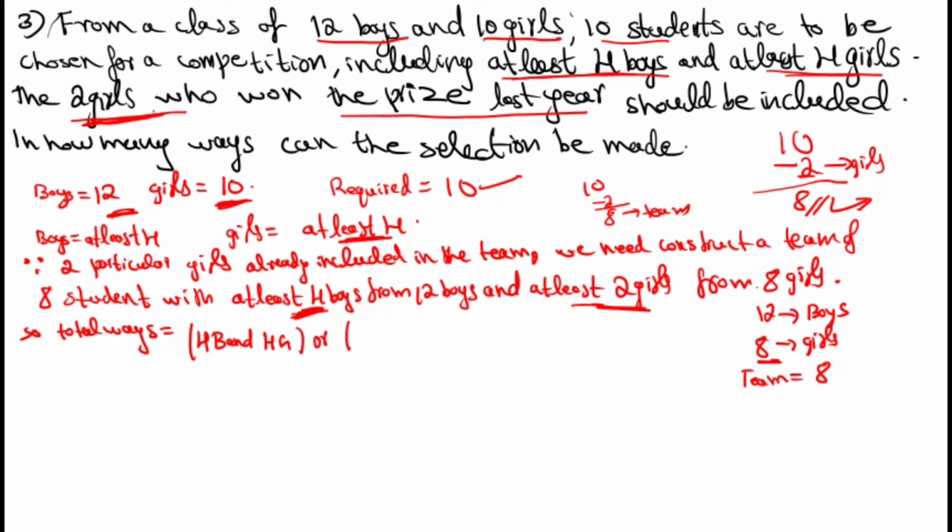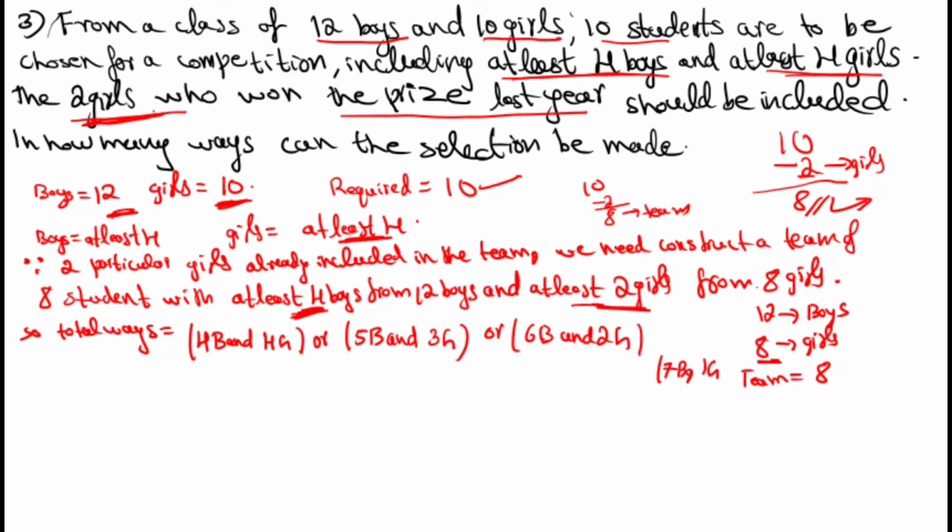Or suppose I am selecting 5 boys and how many girls you need to select? You need to select only 3 girls because 5 plus 3 it's equal to 8. Okay, or suppose I am taking 6 boys and 2 girls. 6 plus 2 it's equal to 8. Okay, suppose I am taking 7 boys, then how many girls you need to select? Only 1 girl.